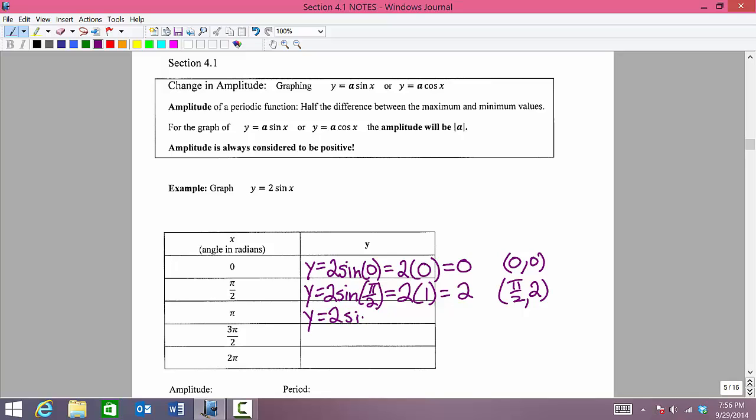Now we're going to use pi as our x value. The sine of pi is 0. 2 times 0 would be 0. So we're going to plot pi comma 0. 3 pi over 2, find the sine value of 3 pi over 2, we get minus 1. 2 times minus 1 is negative 2.